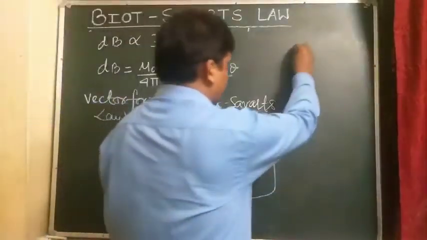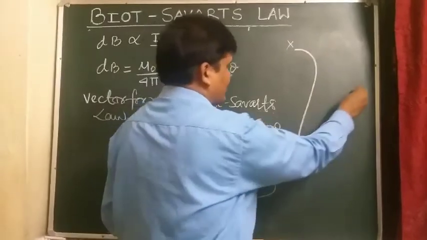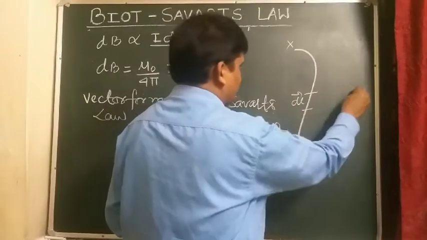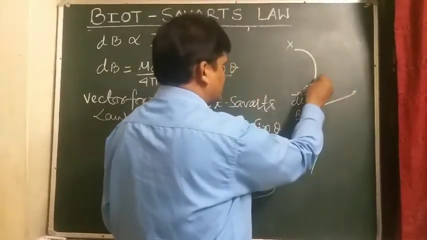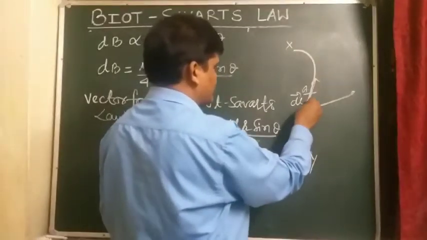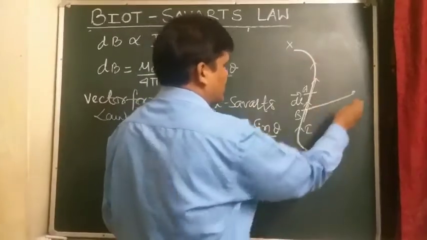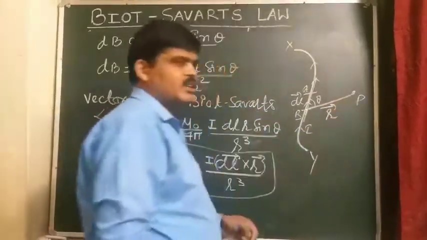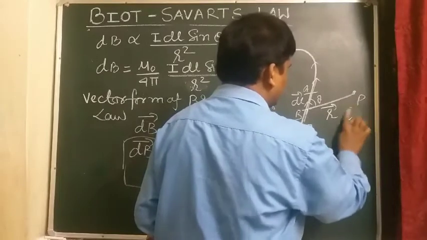And student, you know the direction of this magnetic field at a point, and the direction is tangent to it, and the current flowing is I, and we have to find the position vector. So what is the direction of magnetic field here at a point P, student?